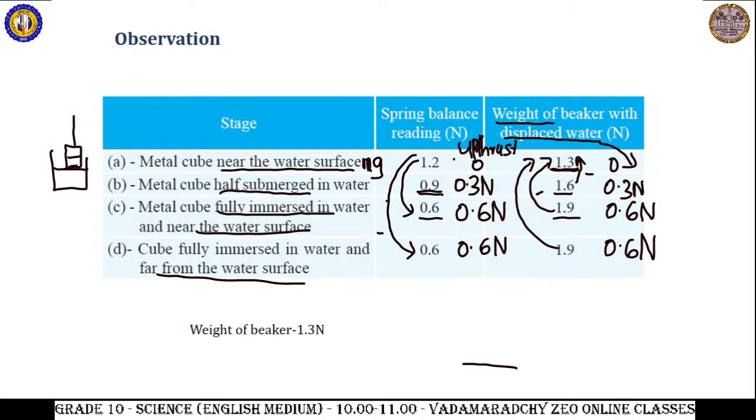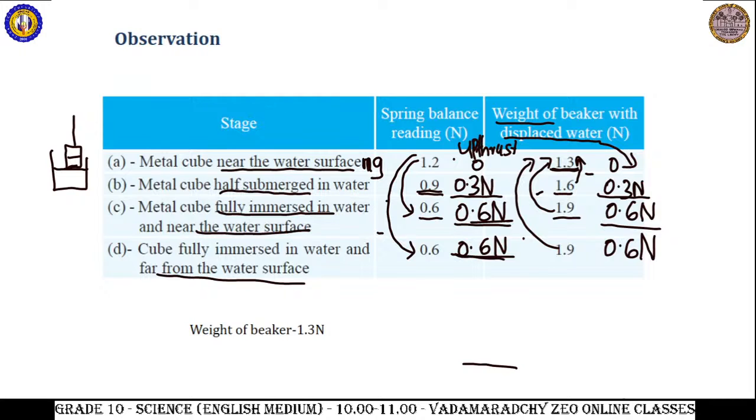From this activity we can observe that in the first instance the upthrust acting on the object is 0.3 Newton, and the weight of displaced water is also 0.3 Newton. In the second instance also the same: 0.6 Newton upthrust, and the weight of water displaced is 0.6 Newton.